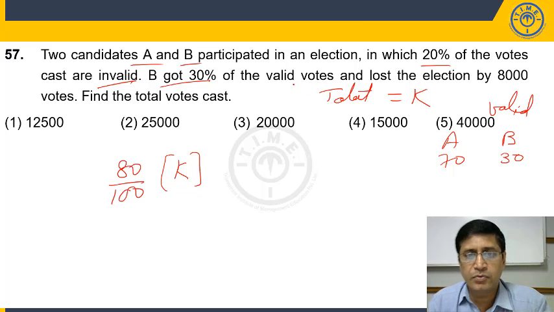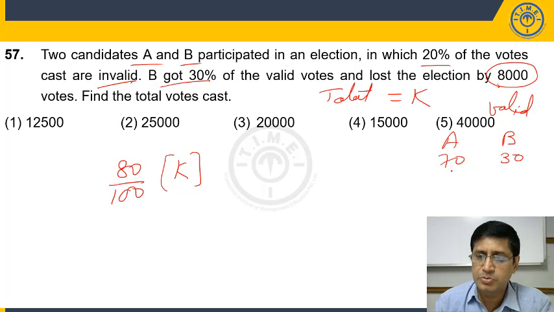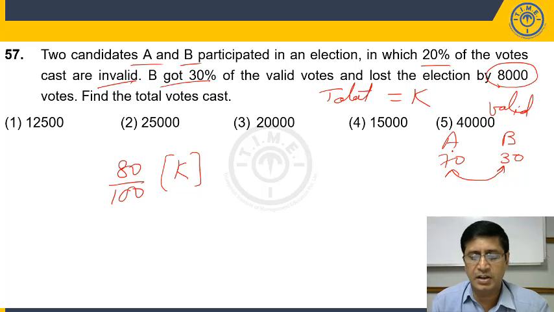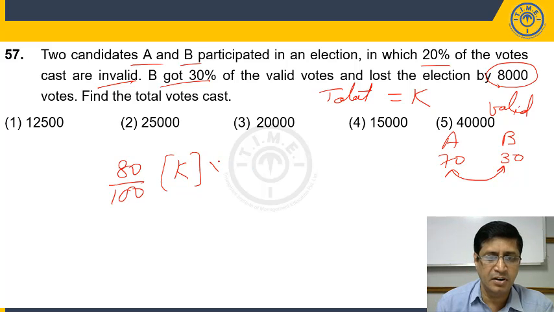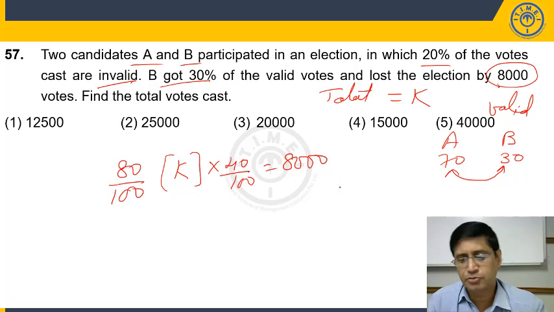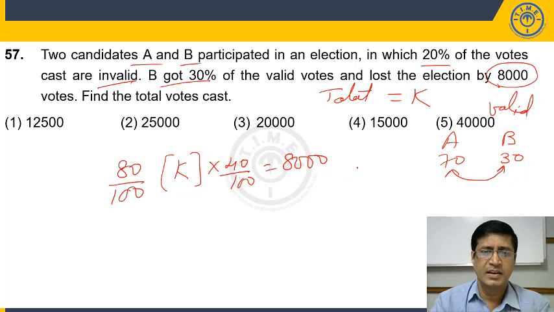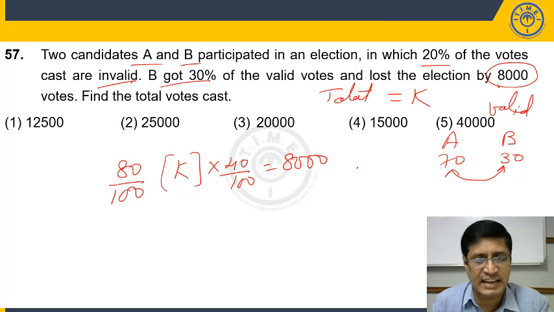Now B got 30% and lost the election by 8,000. Lost means what is the difference here? The difference is 40%. So 40% of 80% of K is equal to 8,000. Yes, my dear student, just simplify this and you will get the value of K. What is asked here? The total number of votes cast in the election.